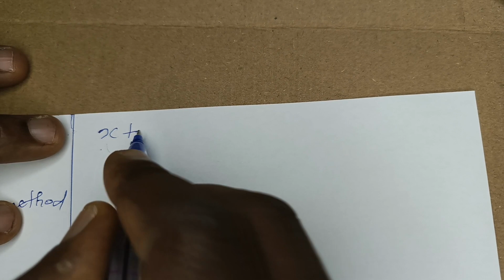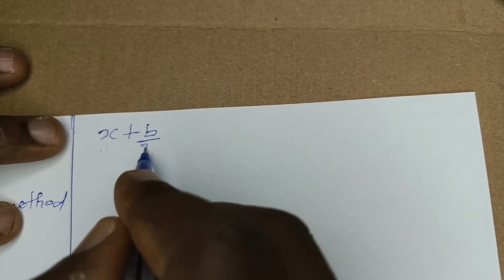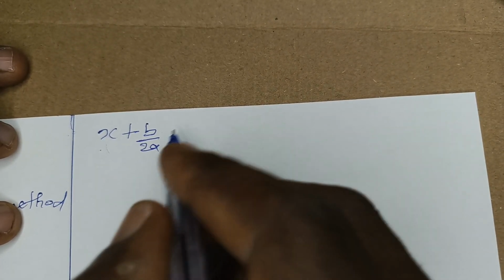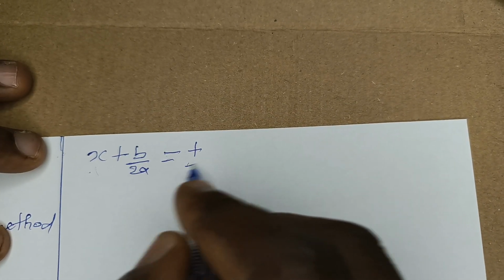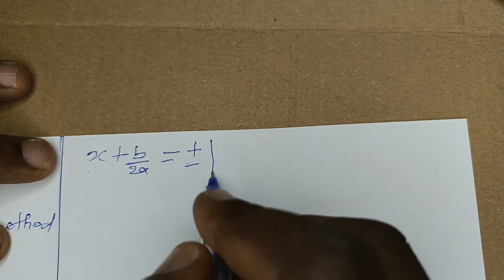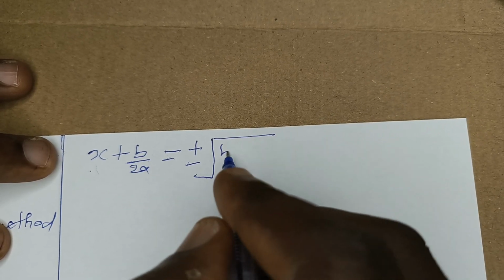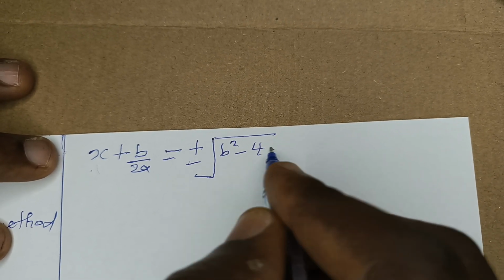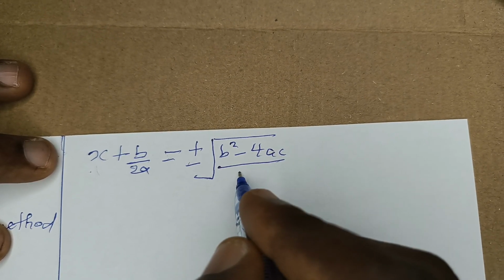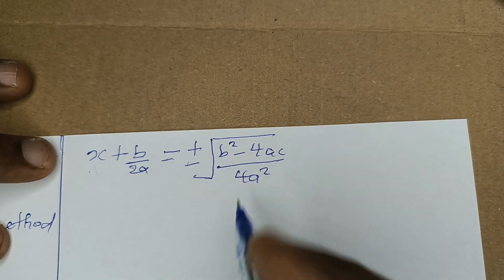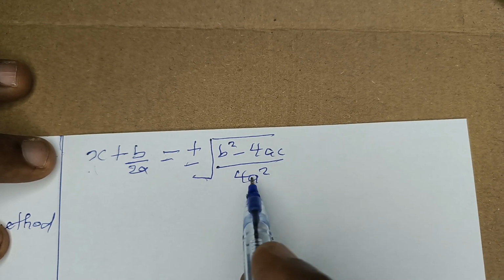x plus b over 2a is equal to plus or minus the square root of b squared minus 4ac divided by 4a squared. Mind you, the square root also applies to this.